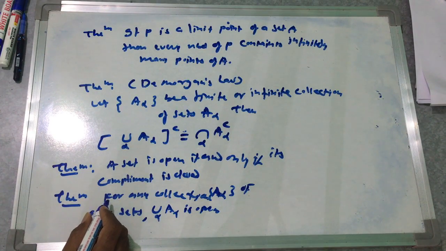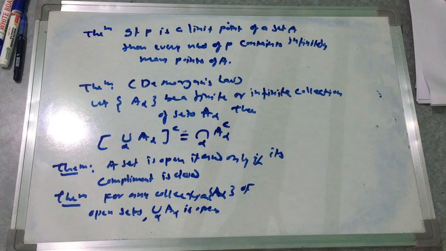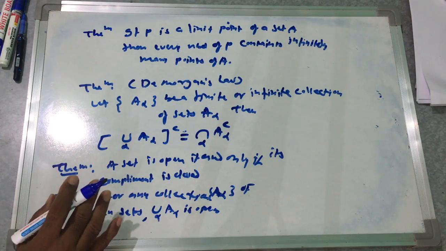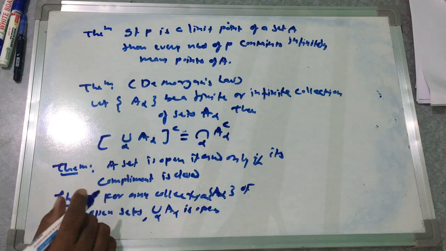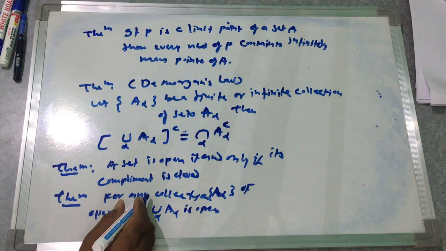An arbitrary union of open sets is an open set. So likewise this, it has a meaning: an arbitrary union of open sets is open, again an open set.